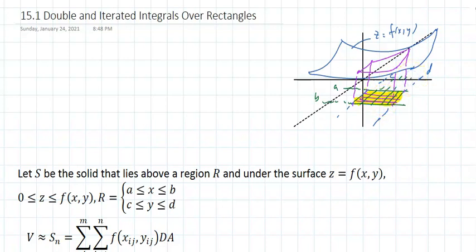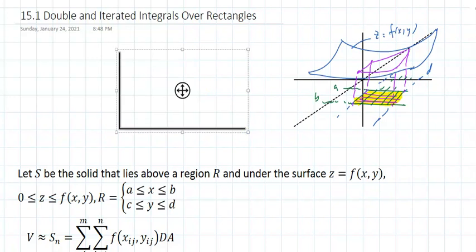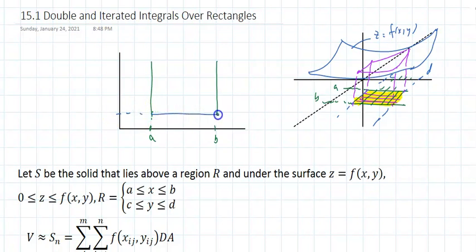So I'm really looking at this rectangular region in which x runs between A to B, and y runs from C to some D. So this is the only region I'm interested in. That region over there looks like this rectangular piece.